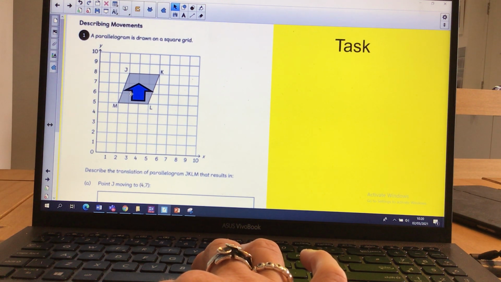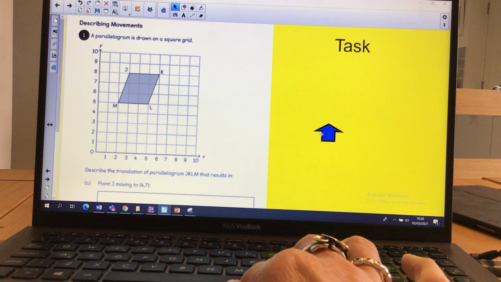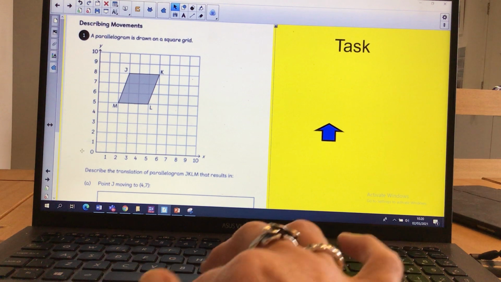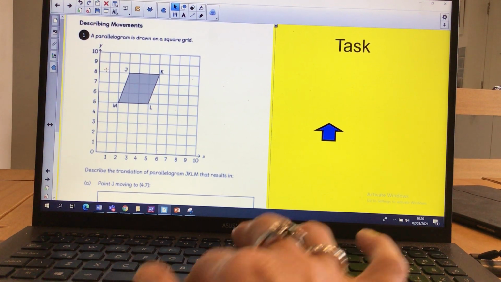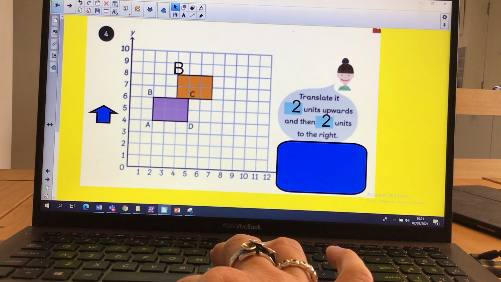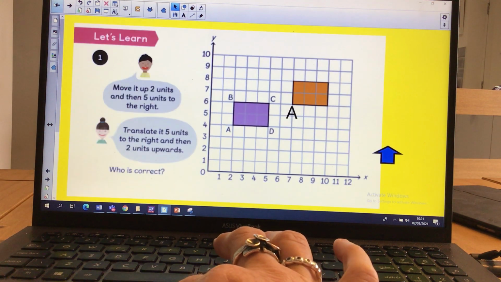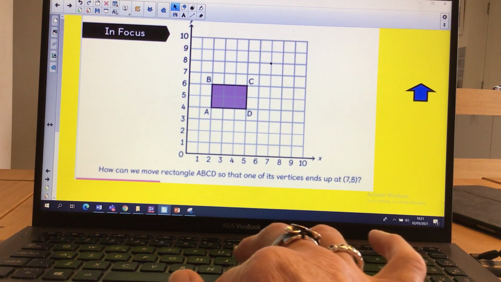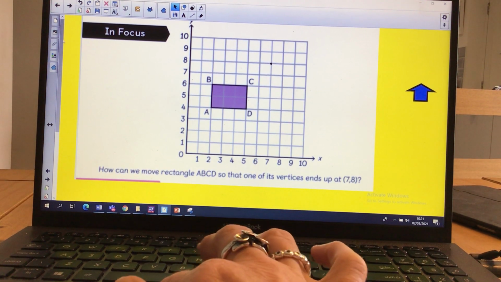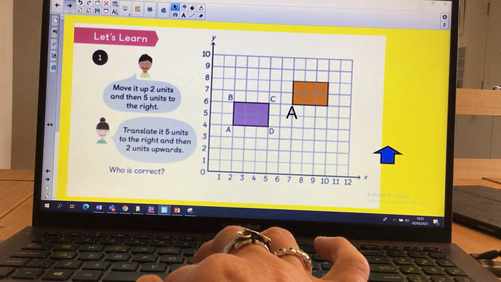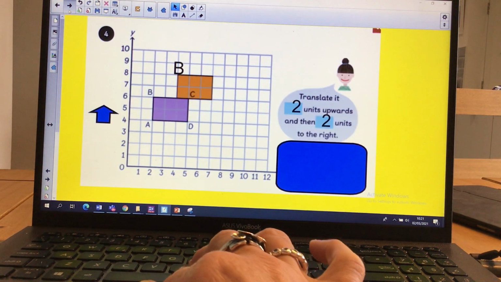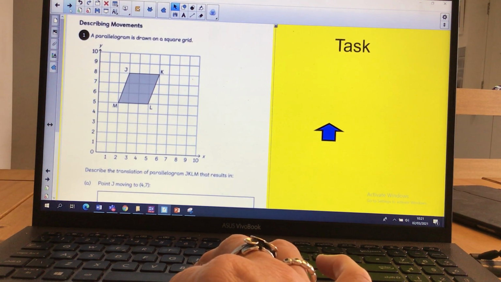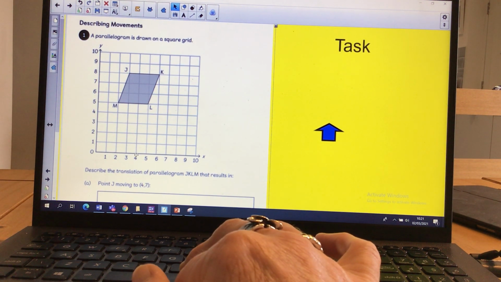Now what you might want to do is put that point there and redraw the parallelogram for these questions so that you can actually see, like on this one here, the whole shape was redrawn, even though she started with this question about 1 point being at 7, 8. The whole rectangle each time was drawn. So you might find when you're doing your questions today, children, it might be easier for you to draw the whole parallelogram, okay?